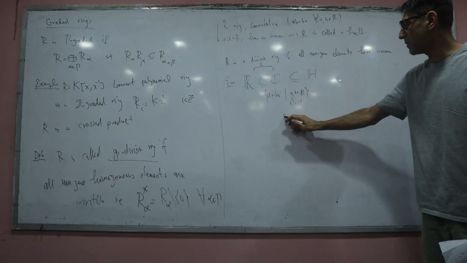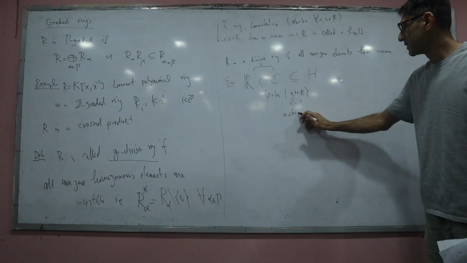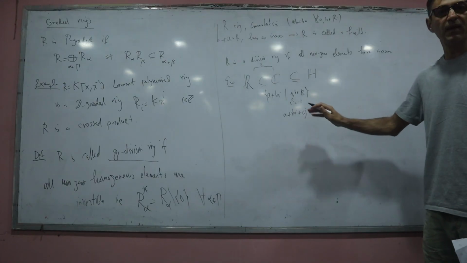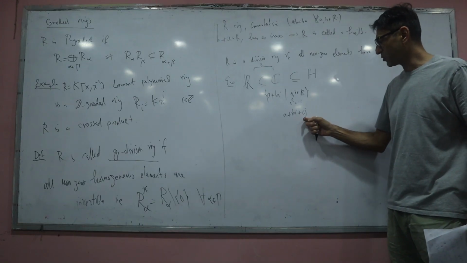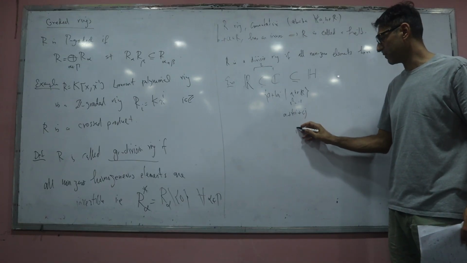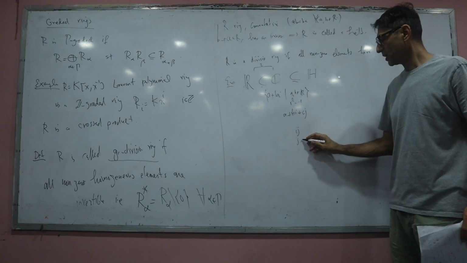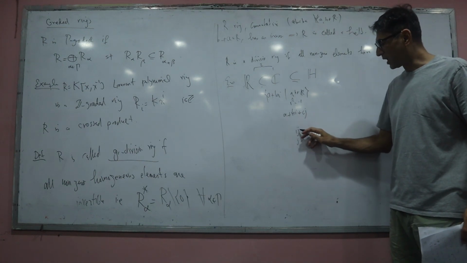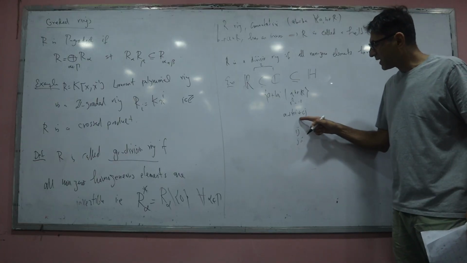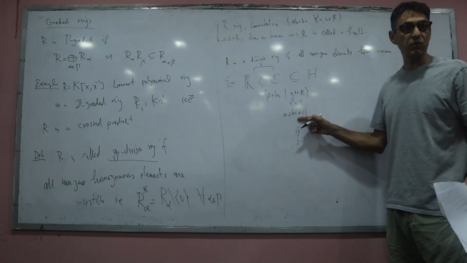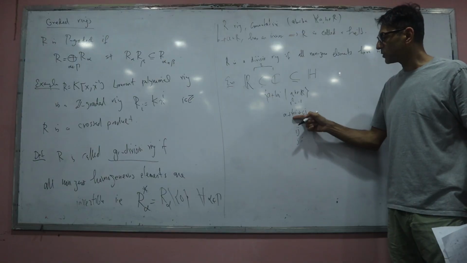So he started with a plus bi plus some cj and tried to multiply this. Now you have to tell me what is j to the power of 2, what is ij, you have to tell me all of these, right? He tried very hard, so ij should be something like this, ji something like this, and it has to have also an inverse. So you have all these constraints. He couldn't make it.